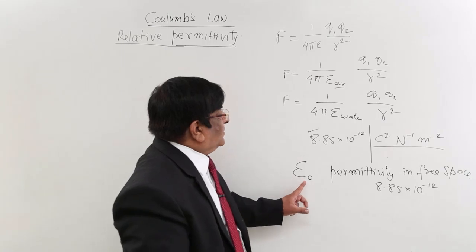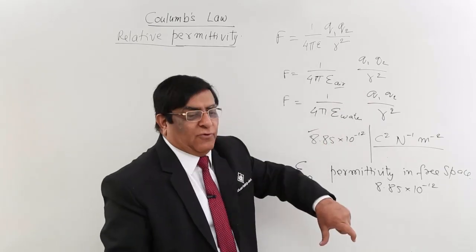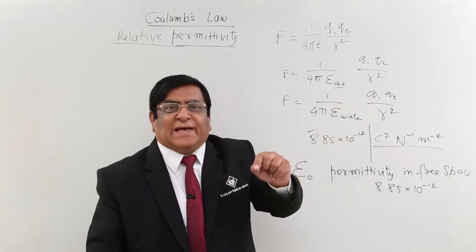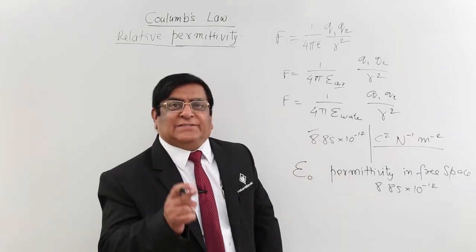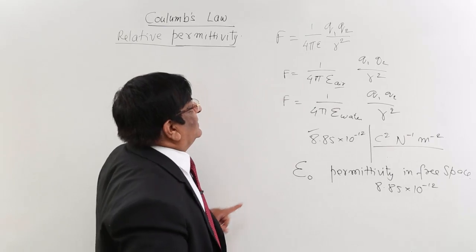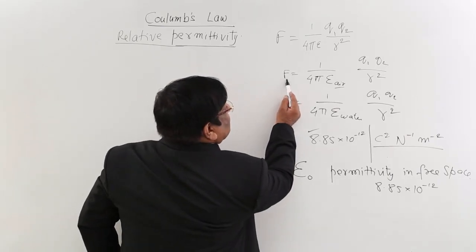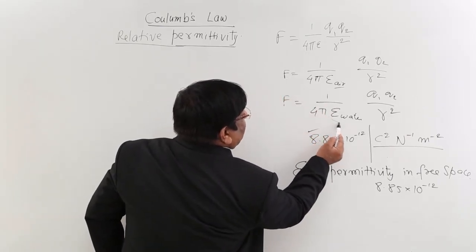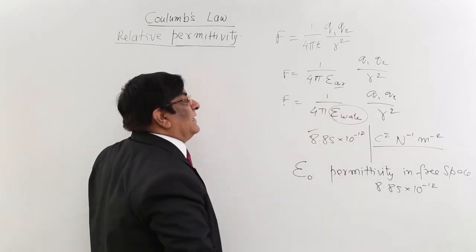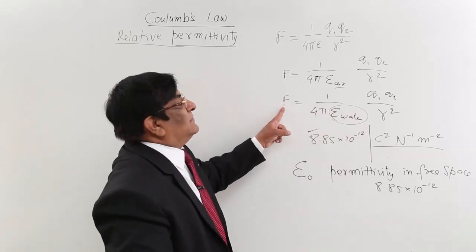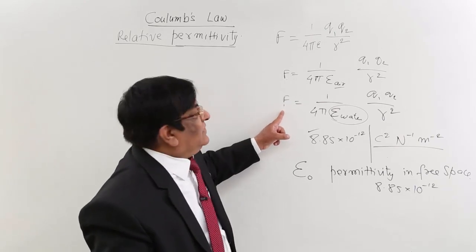Now if I put the two-charge system in water, the force has decreased 90 times. Why has the force decreased? Because permittivity has increased. The force has decreased as many times as the permittivity has increased.